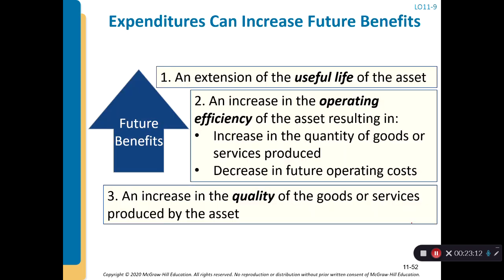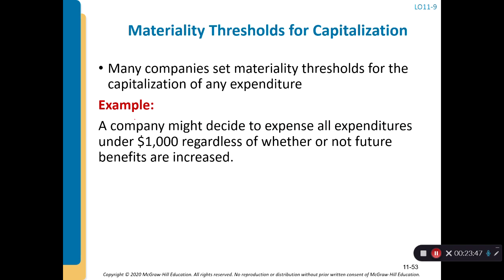In other words, there is a judgment here. If the expenditure is increasing the future benefits of the asset, meaning it either extends the useful life of the asset or increases its operating efficiency, such as increasing the quantity of goods produced or decreasing future operating costs, or third, increases the quality of the goods and services produced, this can all be capitalized, considered as a future benefit increase.